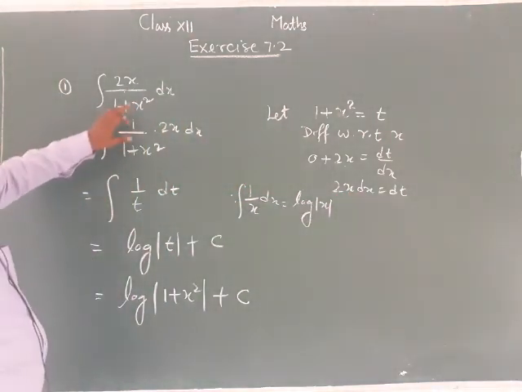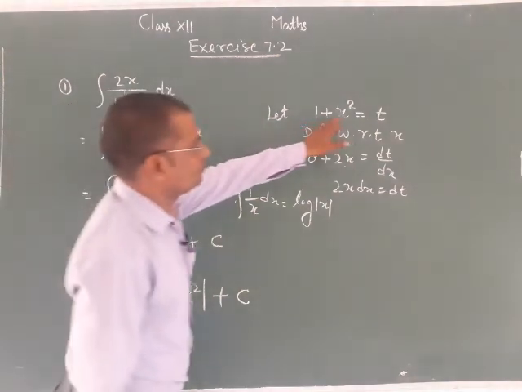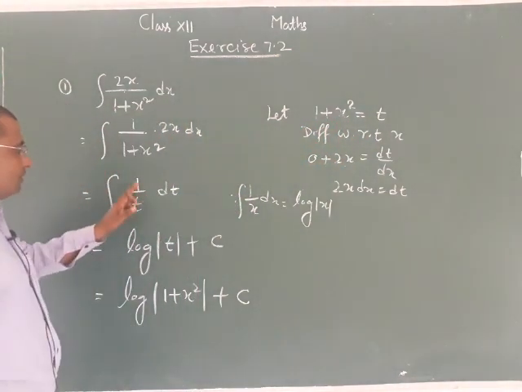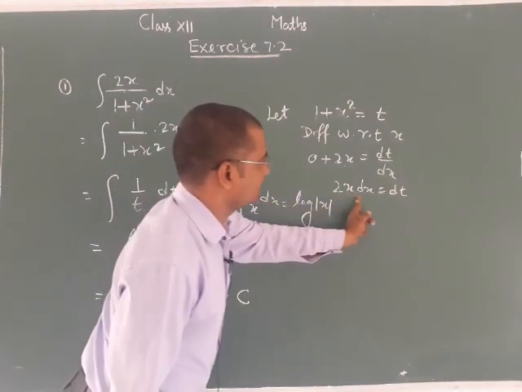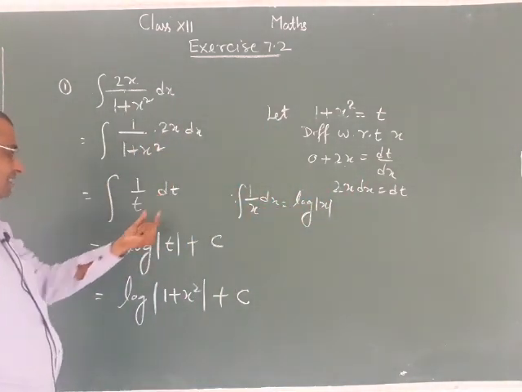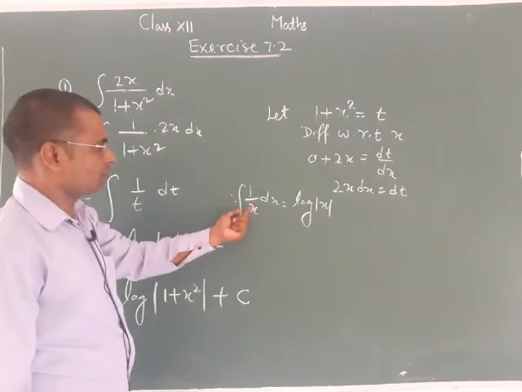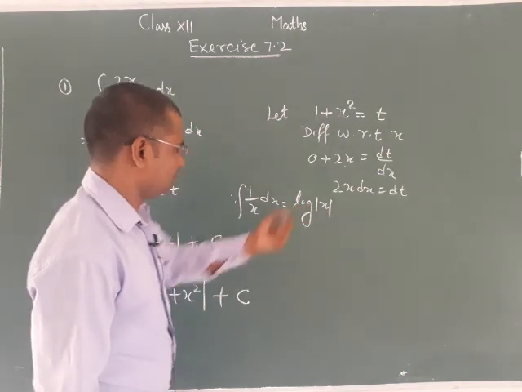So 1 upon 1 plus x square, with 1 plus x square equal to t, is 1 upon t, and 2x dx is equal to dt. Now put it in. We know that the integration of 1 upon x dx is equal to log x.